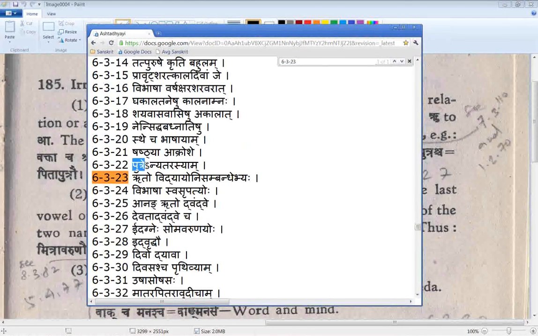So even if the uttarapadam is putra, we can still apply 6.3.25. One more time, 6.3.25 as the sutram stands requires each padam to be rukarantam pratipadikam. Now when you have pitru cha putra, so pita cha putrascha, putra is not rukarantam.